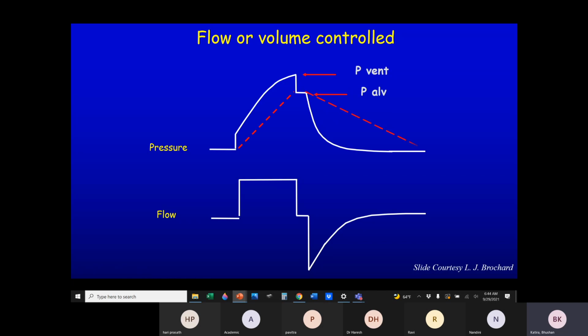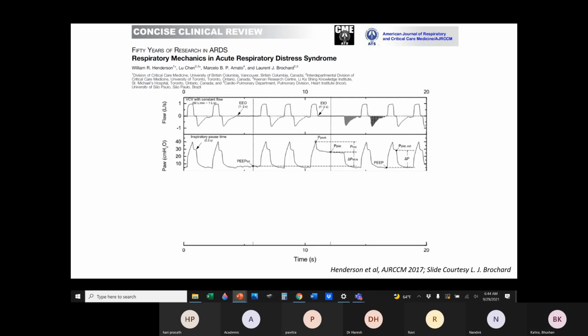This is how the alveolar pressure behaves, as we saw in the previous example. So in this slide, you can see this is a very good paper where respiratory mechanics have been reviewed in detail on how to do it and what to make sense of it on the ventilator during ARDS.